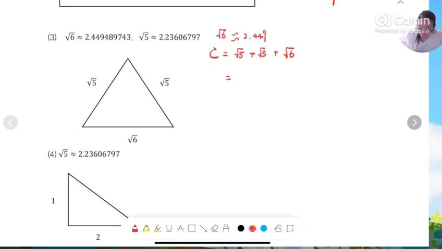So capital C is equal to 2 square root of 5 plus square root of 6, approximately 2 times 2.236 plus 2.449. It is equal to 6.921. And the result retains two decimals, 6.92.